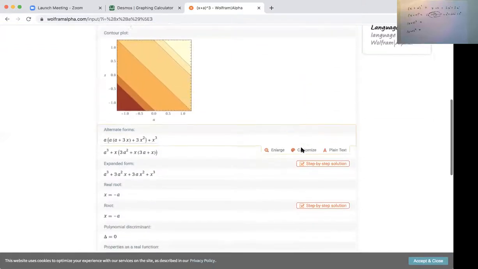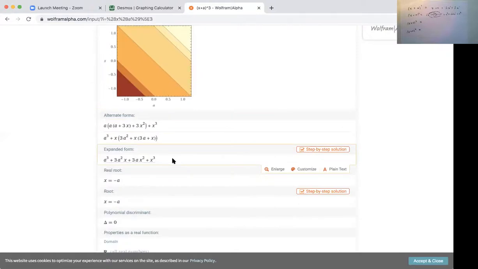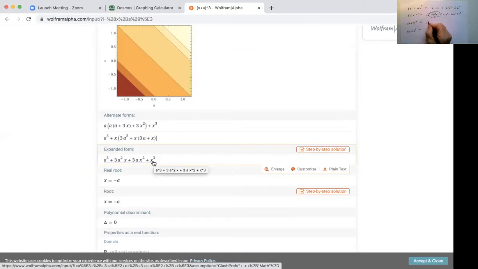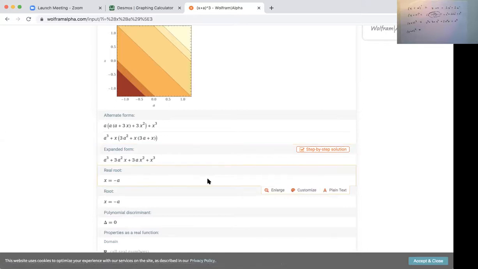And we have all kinds of things, but this is the one I want. I'm going to start it from the right. X cubed plus 3ax squared plus 3a squared x plus a cubed. Just writing it in descending powers of x, again, working from this line and going backwards.